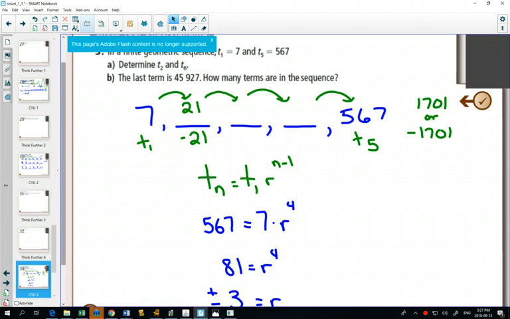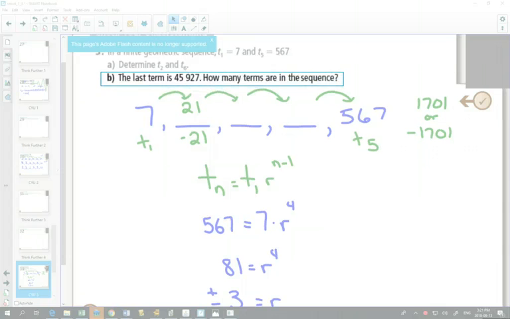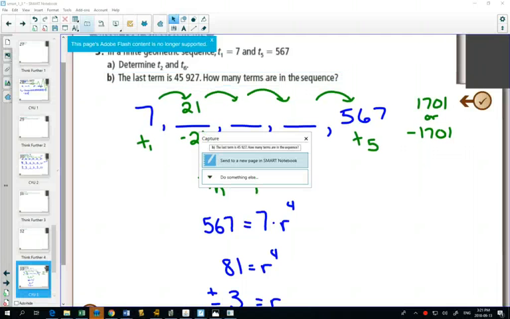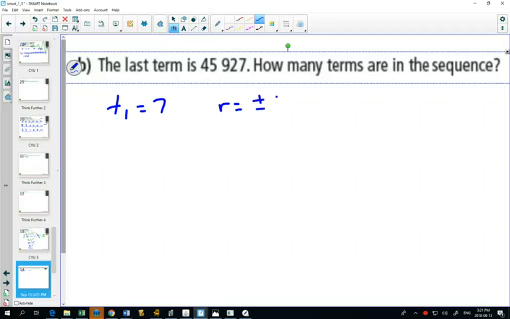So in part B here, we still know term 1 is 7. We have now figured out that r is plus or minus 3. And we want to figure out how many terms are in the sequence.